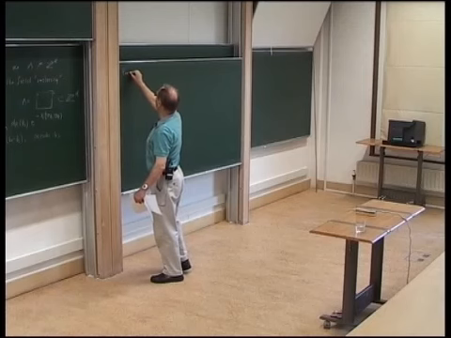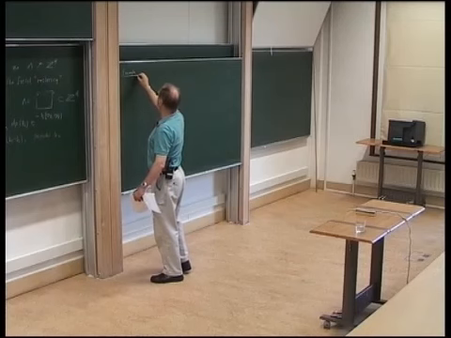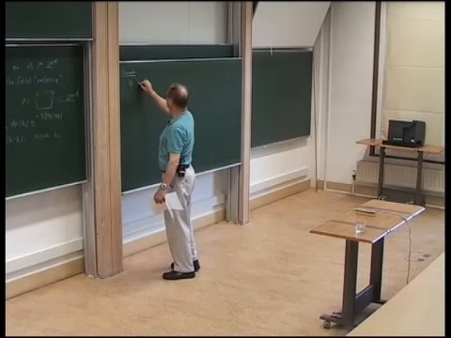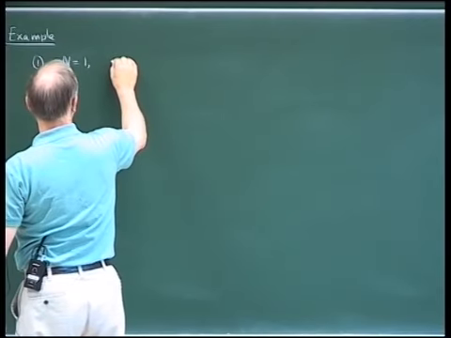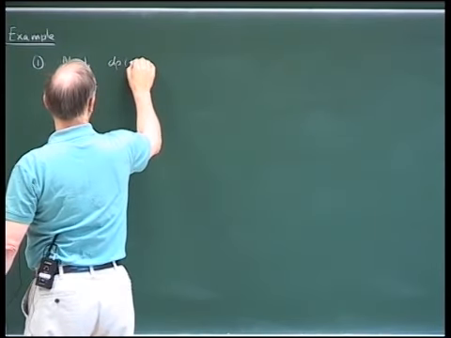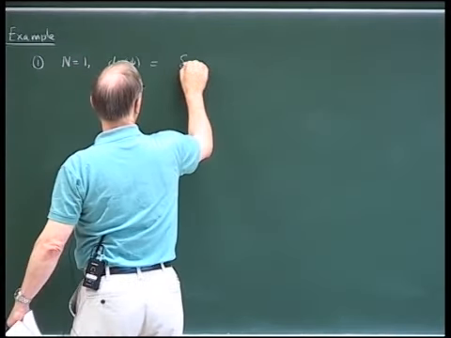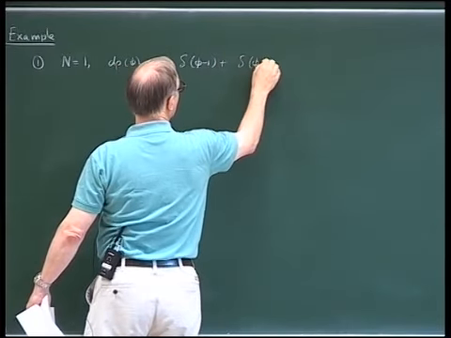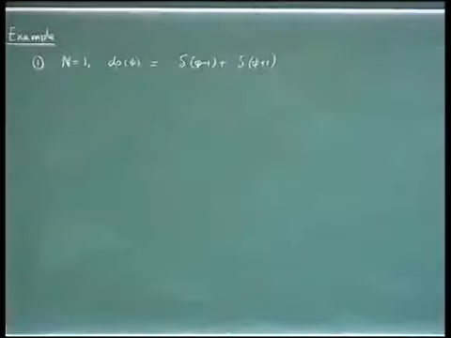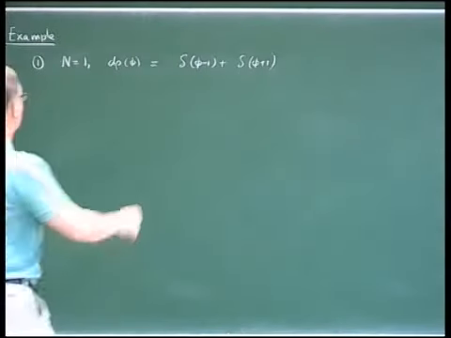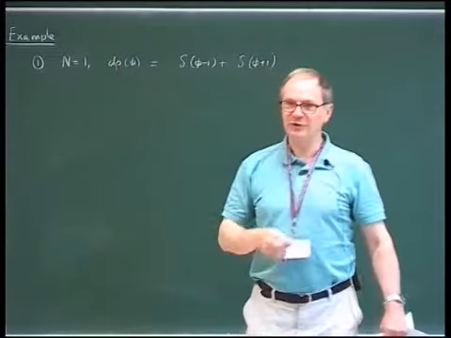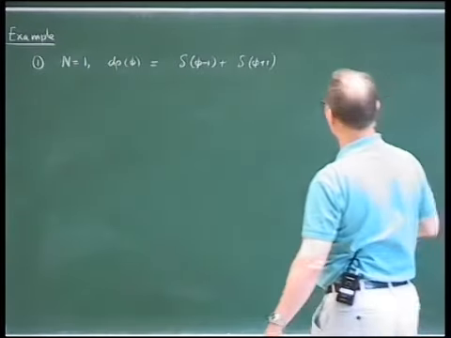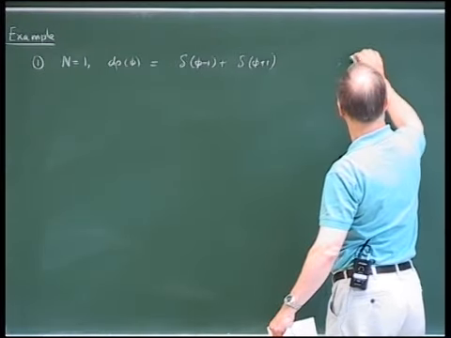So a couple of examples just to show you what I have in mind here. They're actually the same example, but just changing N. The Ising model is capital N equals 1, and d rho of phi is delta of phi minus 1 plus delta of phi plus 1. So that's a sphere, think of this as a surface measure on a sphere in one dimension, so it's just 2 points.